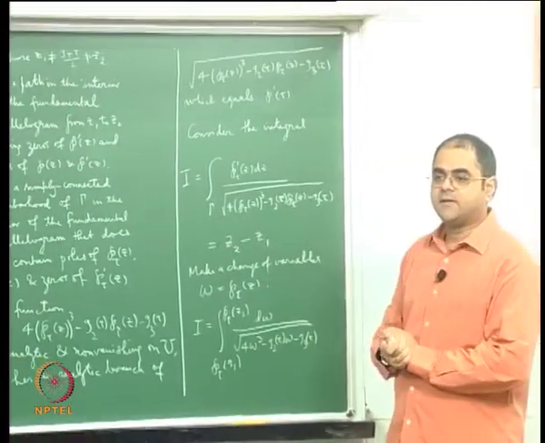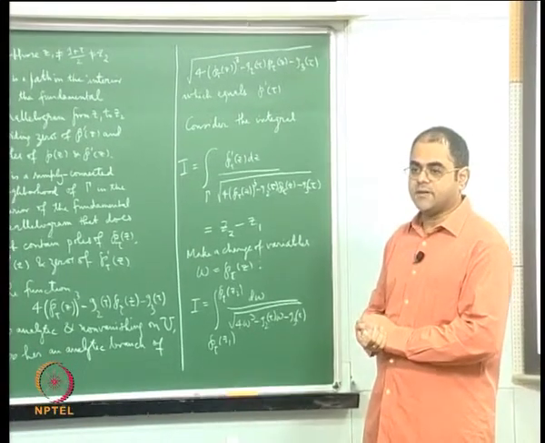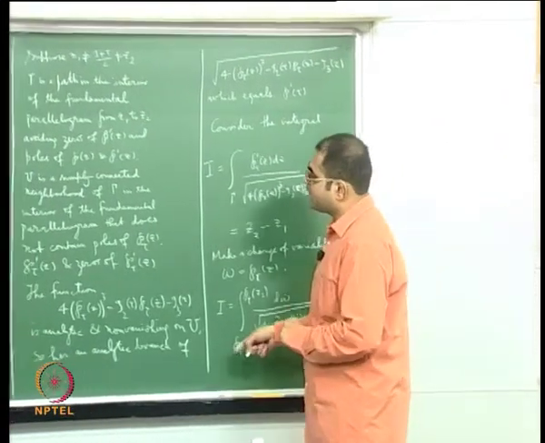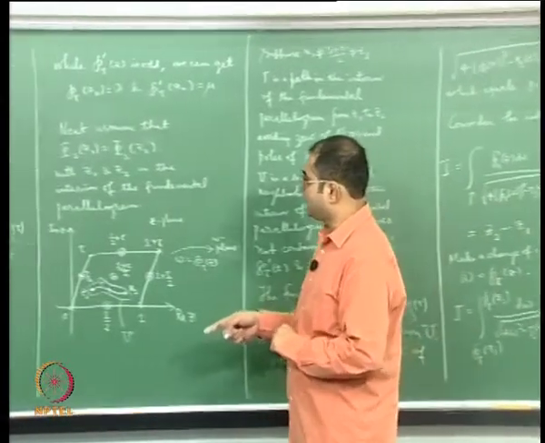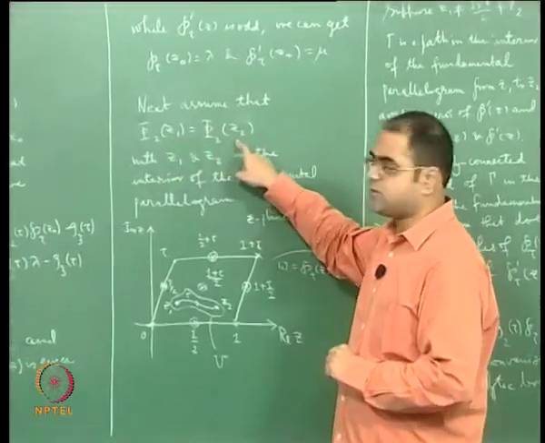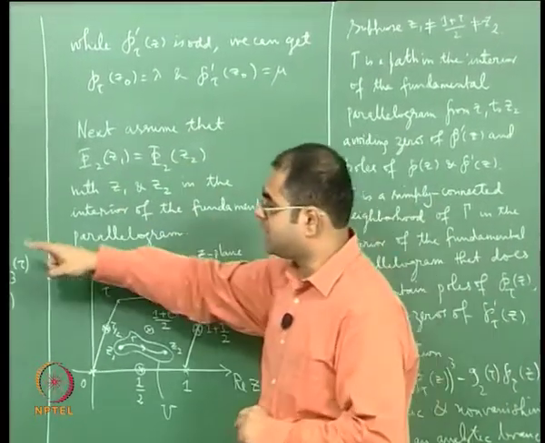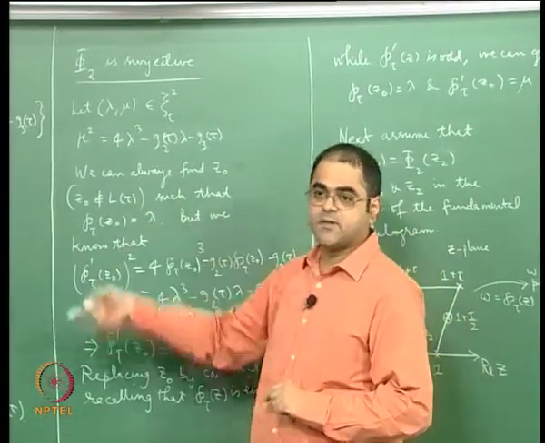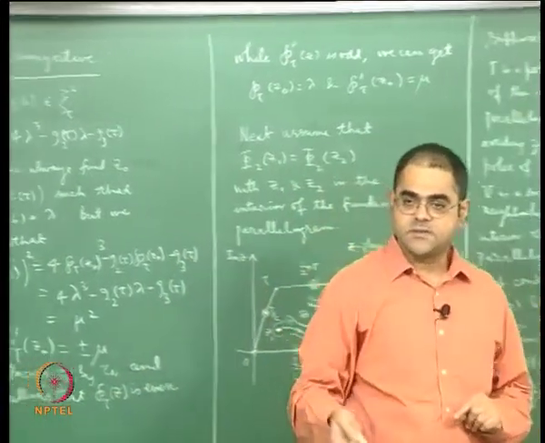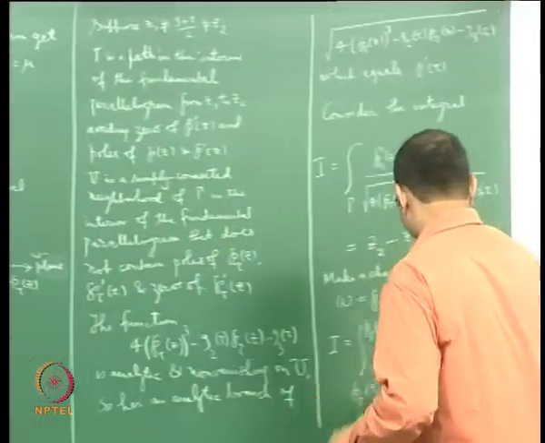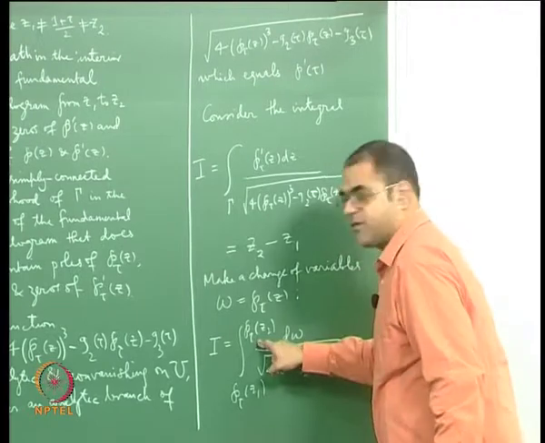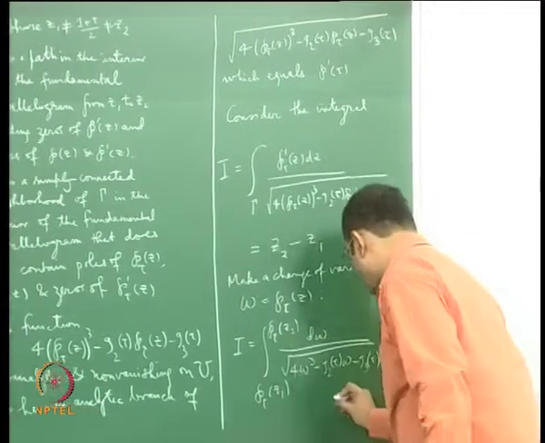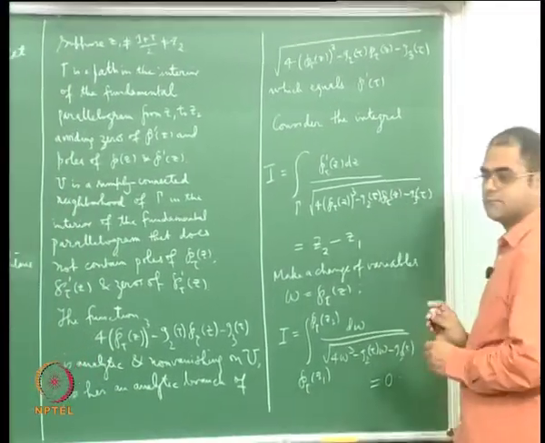This is a valid change of variables, but then you have assumed that phi tau of z1 is phi tau of z2, so that means phi tau at z1 and z2 are the same, phi prime tau at z1 and z2 are the same. So these two limits are the same, therefore this integral is 0, okay.